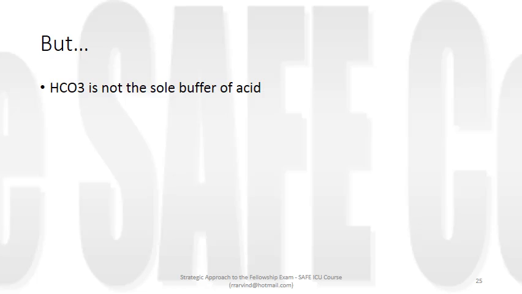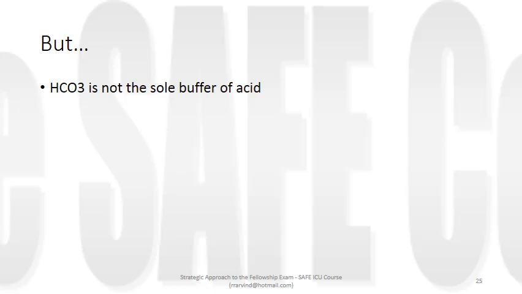I was talking of this 1:1 model where every hydrogen ion produced is buffered by bicarb. So in a 1:1 model, when you have a production of a hydrogen ion, the bicarb gets lost by 1. The reality in the blood is that bicarb is not the sole buffer of acid.